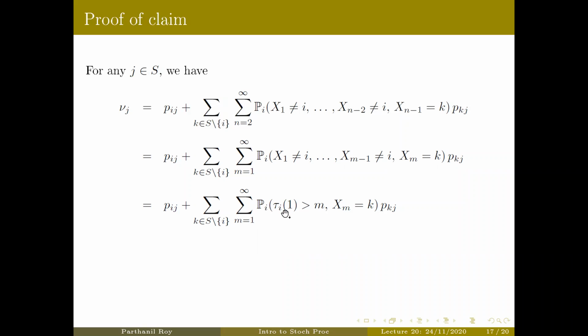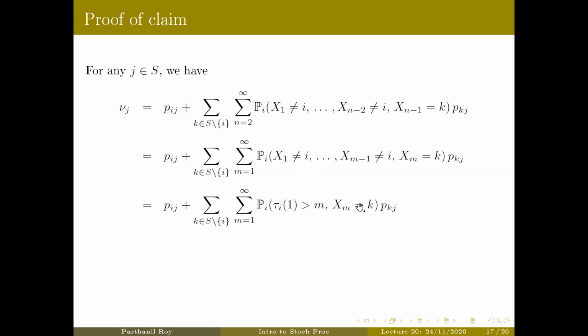Obviously, first return time strictly bigger than m would automatically imply that x_m cannot be i, but x_m has to be some k, that k is here. So this event is the same as this event.